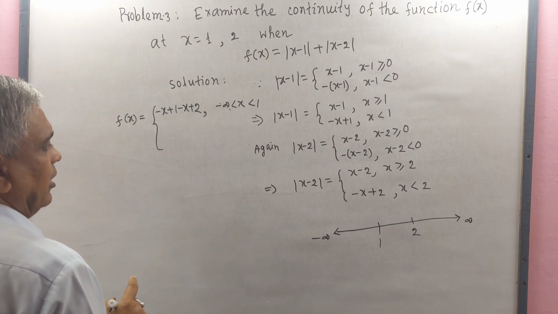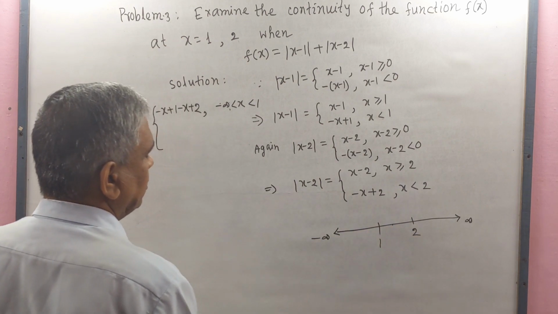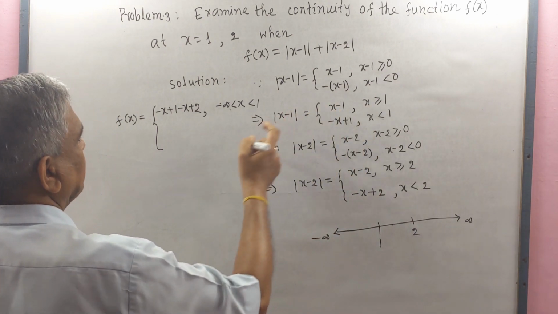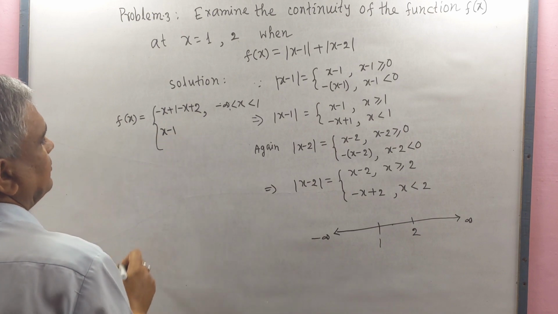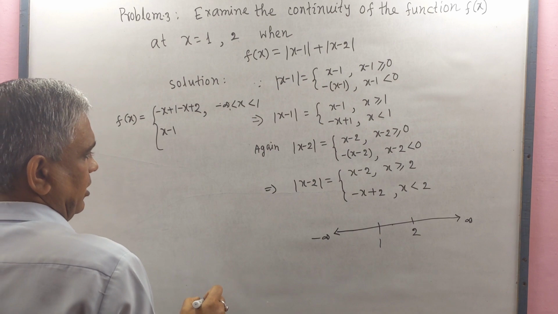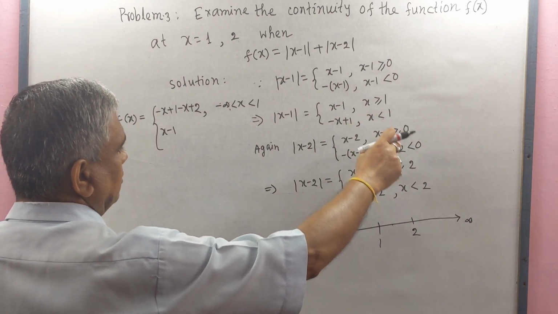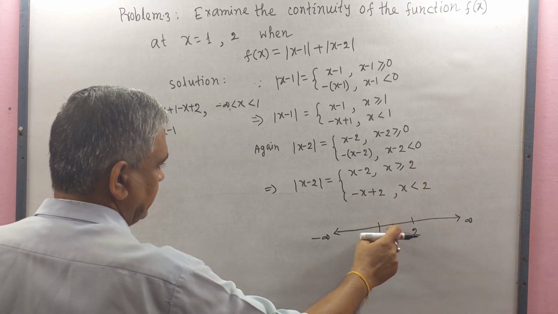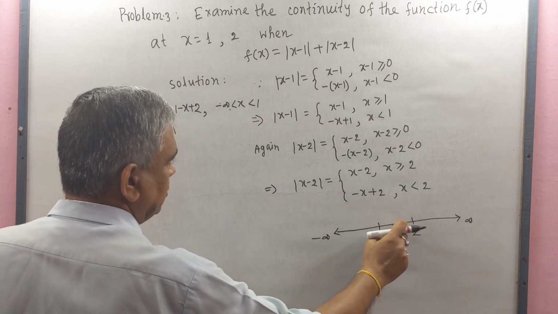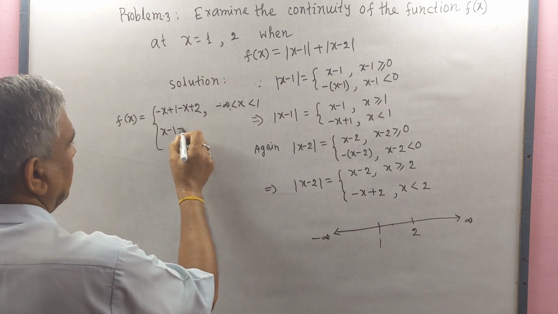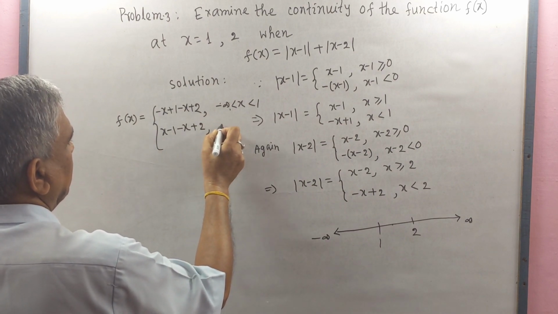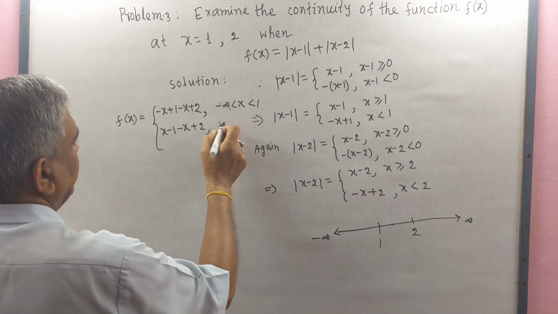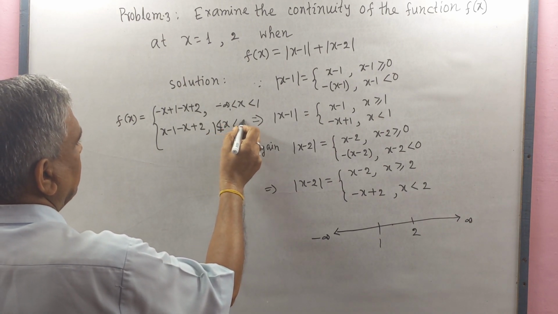Now for x greater than 1 and less than 2, modulus of x minus 1 is x minus 1, and modulus of x minus 2 is minus x plus 2, for x between 1 and 2.